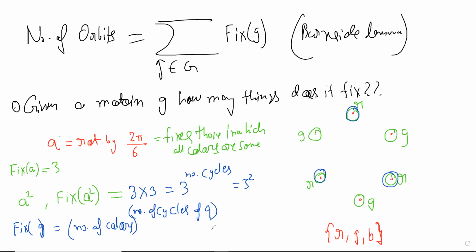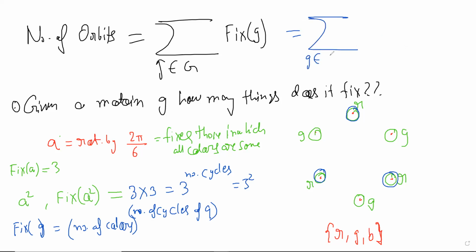So the formula, which was algebraic, now became combinatorial. Let's say that there were Y colors, that's what we started with.